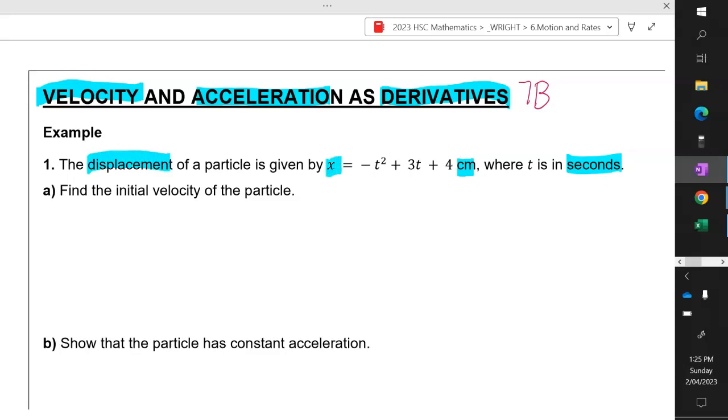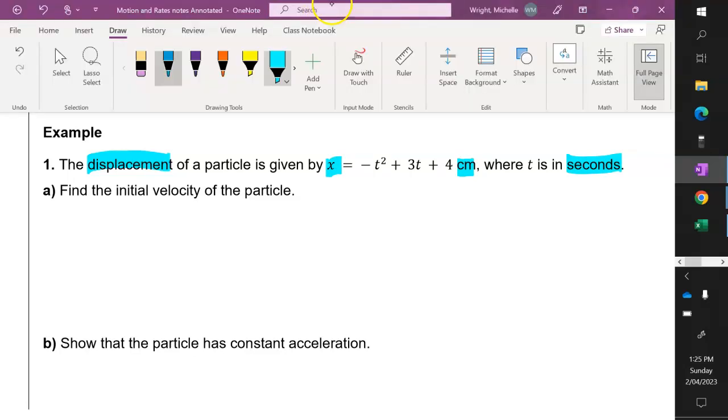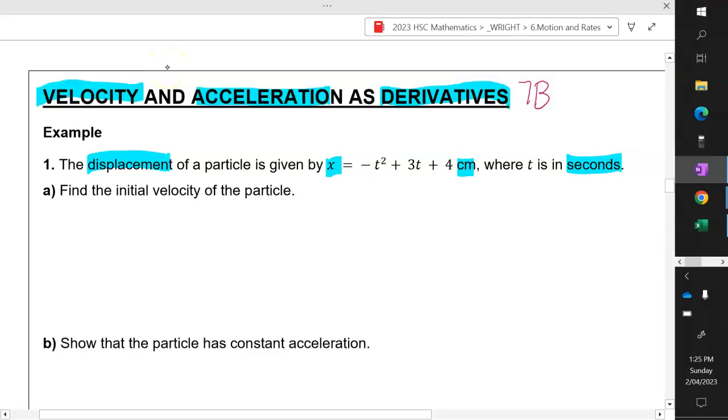That's our x. And we want to have a look at the initial velocity of the particle. So let's think about what that actually means. Now, initial is right at the start, and initial is when time is equal to 0. That's always going to be the context of our language of initial in this topic.